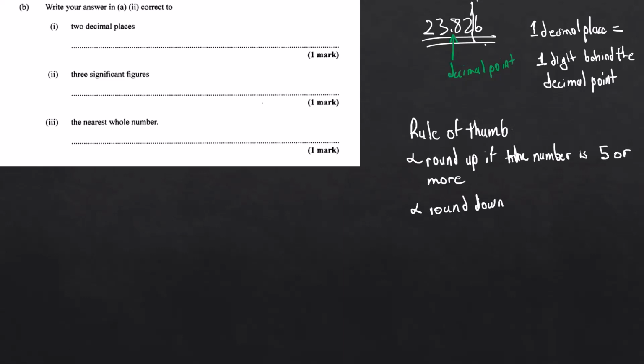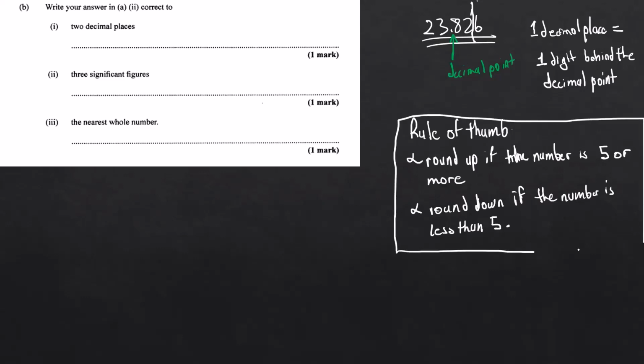It just means you take the value as it is. So round down if it is less than 5. All right, good.